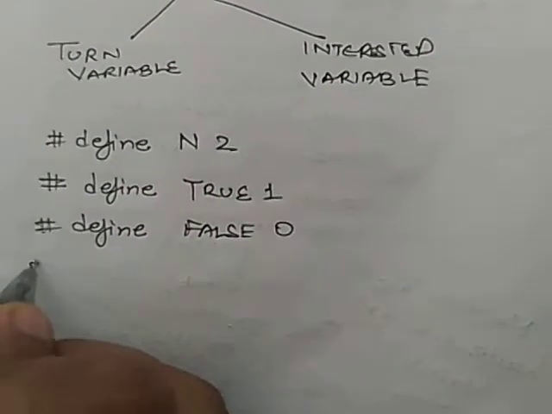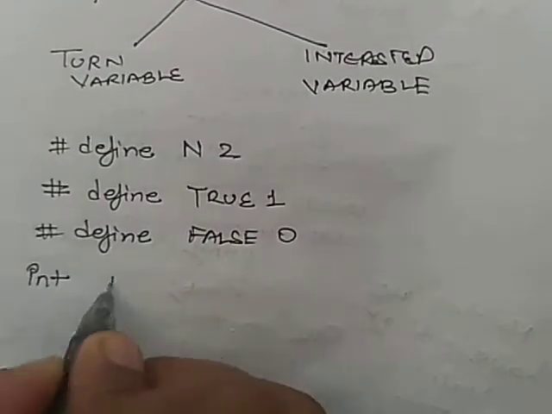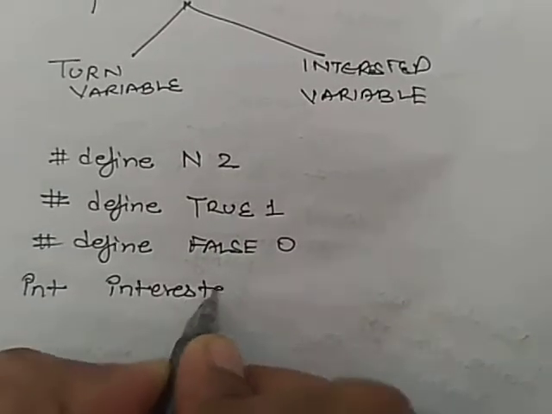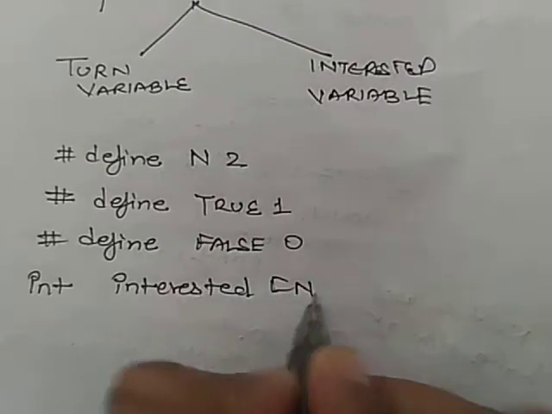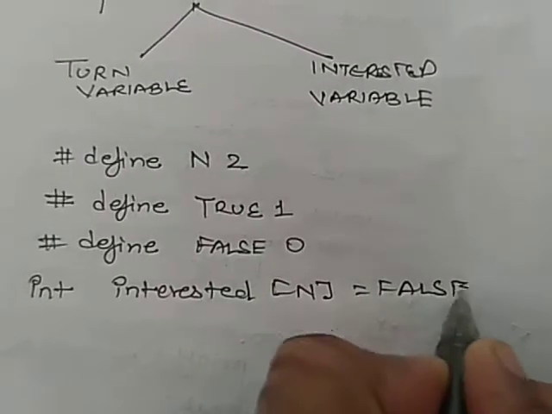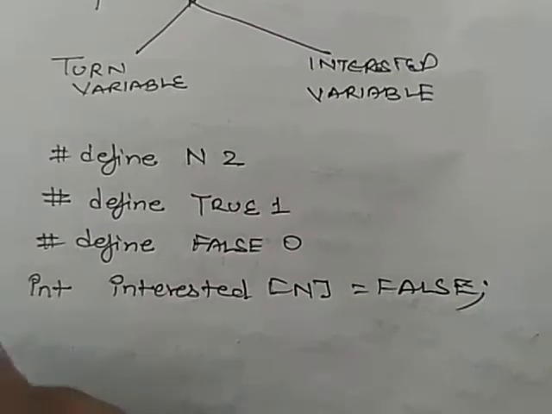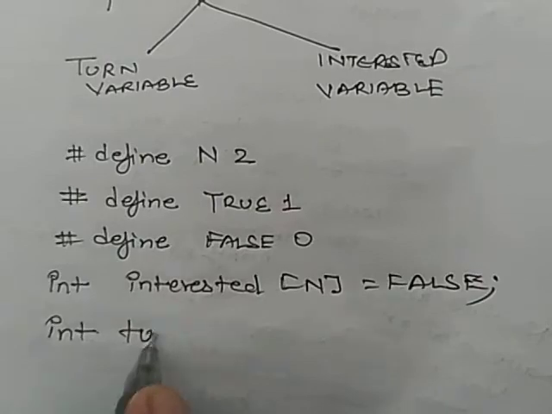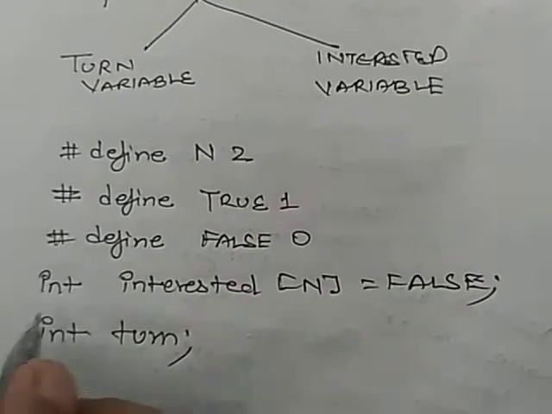Now we have taken an integer array that is used for processes, and we have taken a value false. Another integer variable is taken, known as turn.